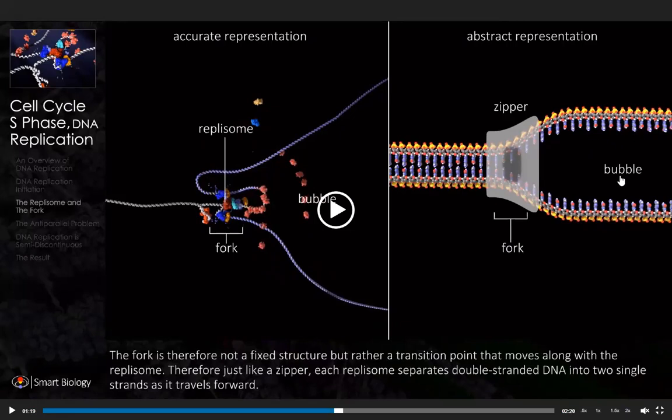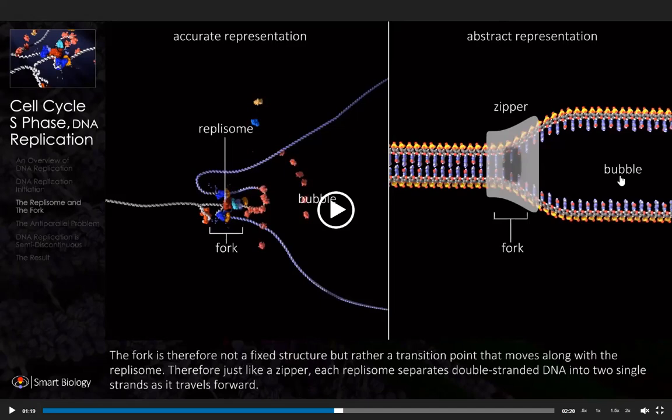Now, one important point here, I'll take this moment to make you think about what happens if we are considering not a circular chromosome, but a linear chromosome. And we have this sort of replication fork that is moving along the DNA.